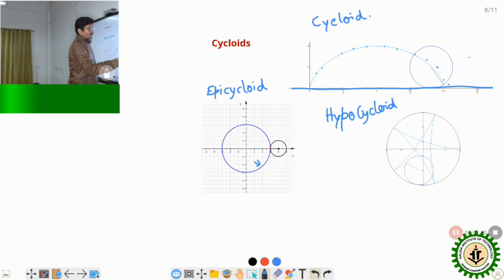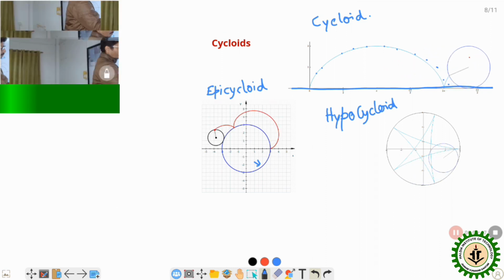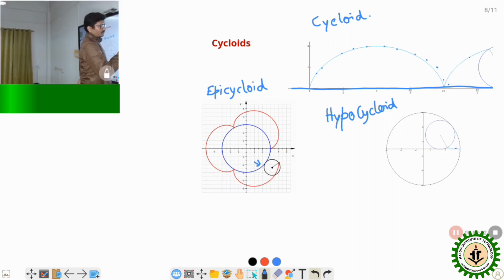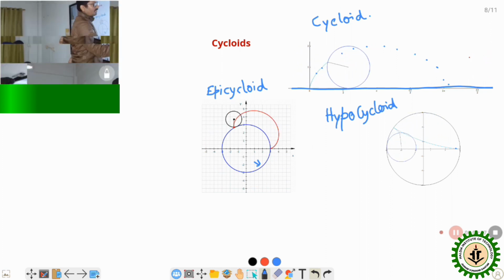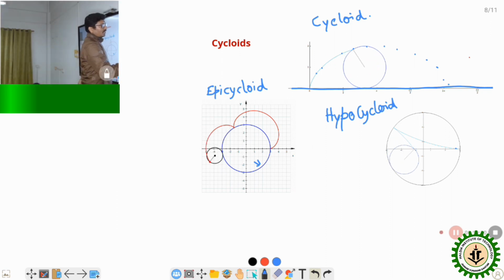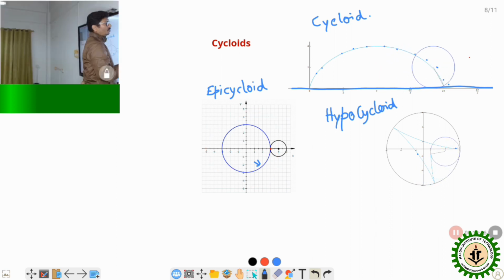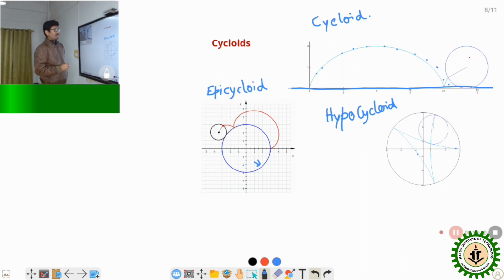If the smaller circle rotates inside the larger circle, then one point on the circumference of the smaller circle will trace a path, and that path is known as a hypocycloid.